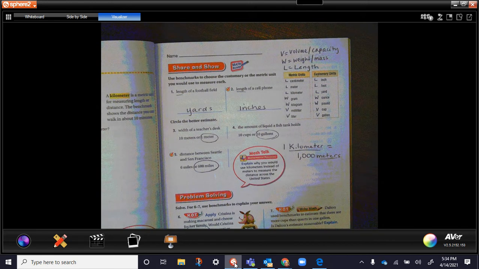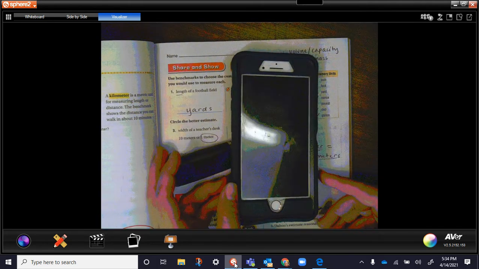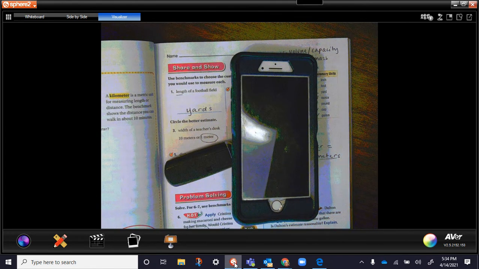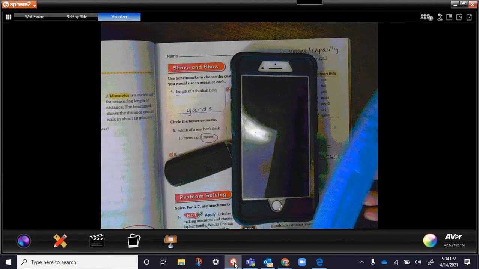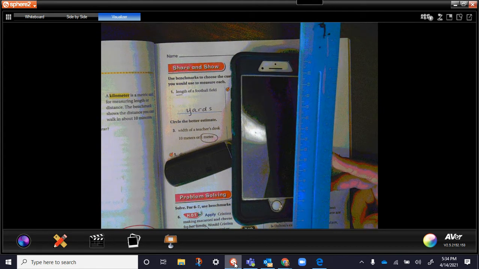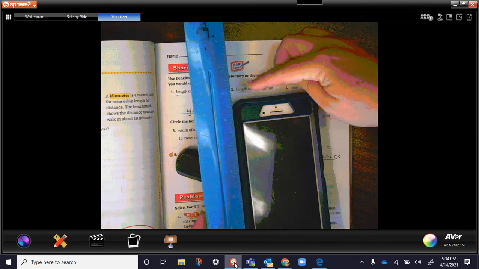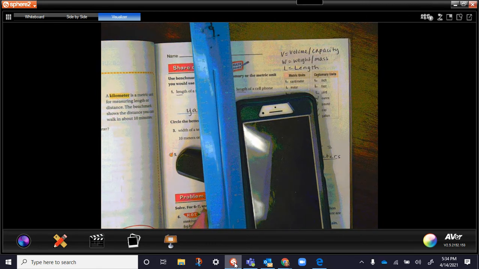One of them was a cell phone. If I take my cell phone and try to use a foot, I know a ruler is the same as 1 foot, or 12 inches. See how the phone is shorter than the ruler?